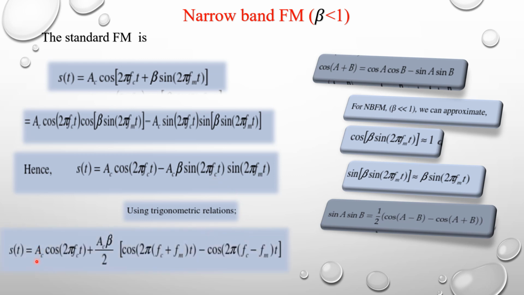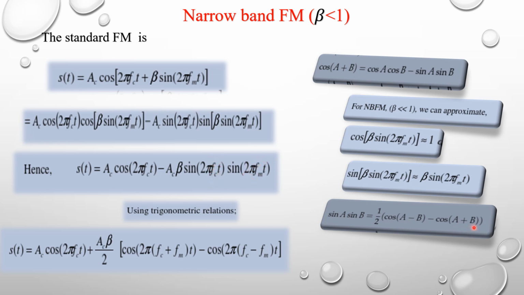So we get S of t equal to AC cos 2 pi fc t plus AC beta by 2 into cos 2 pi(A plus B), where A equals fc and B equals fm.